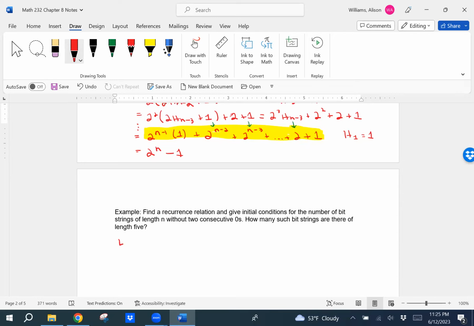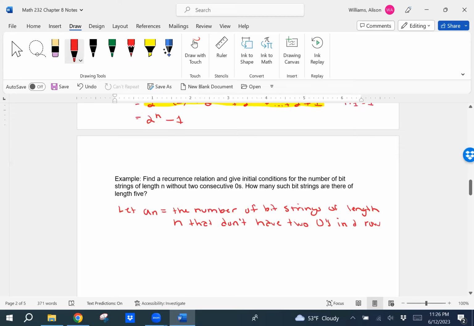Let a sub n equal the number of bit strings of length n that don't have 2 zeros in a row. That's what consecutive means. 2 zeros in a row.